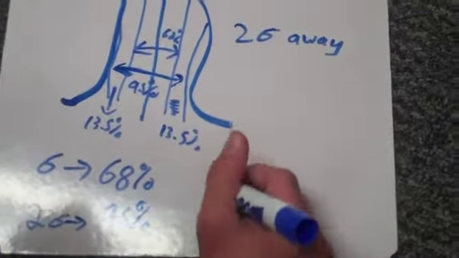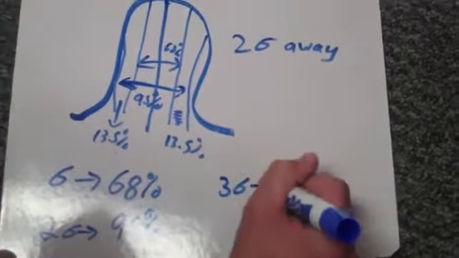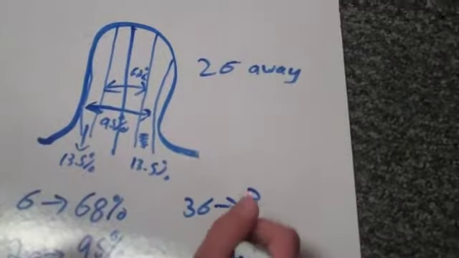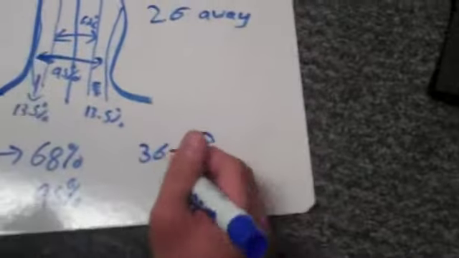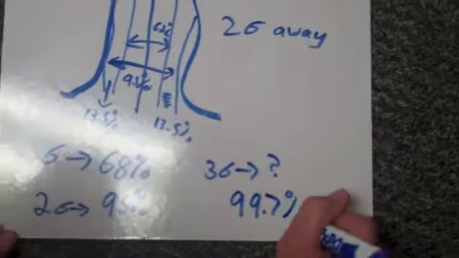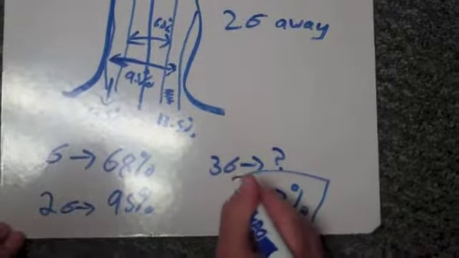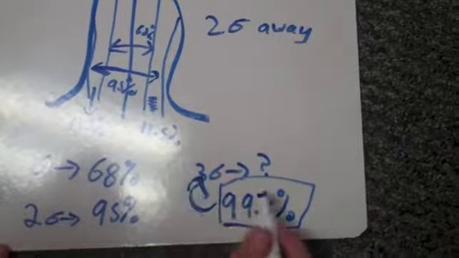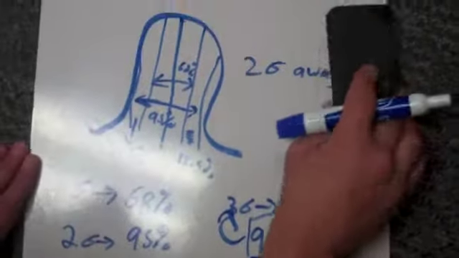Now, what about 3? Most statisticians say that it will be 99.7% of your data which falls in 3 standard deviations. So let's look at this in another bell curve.